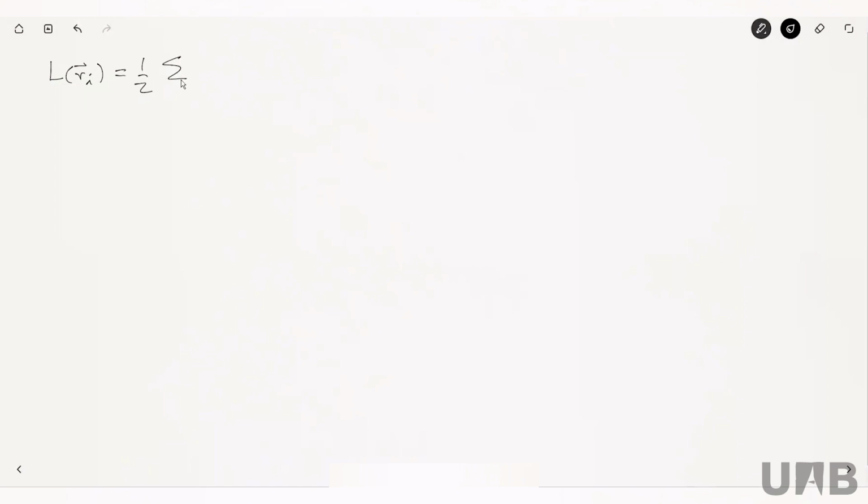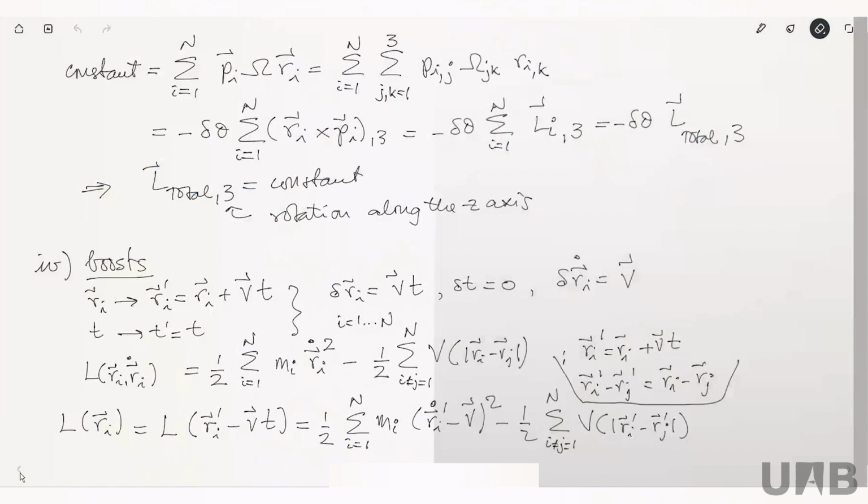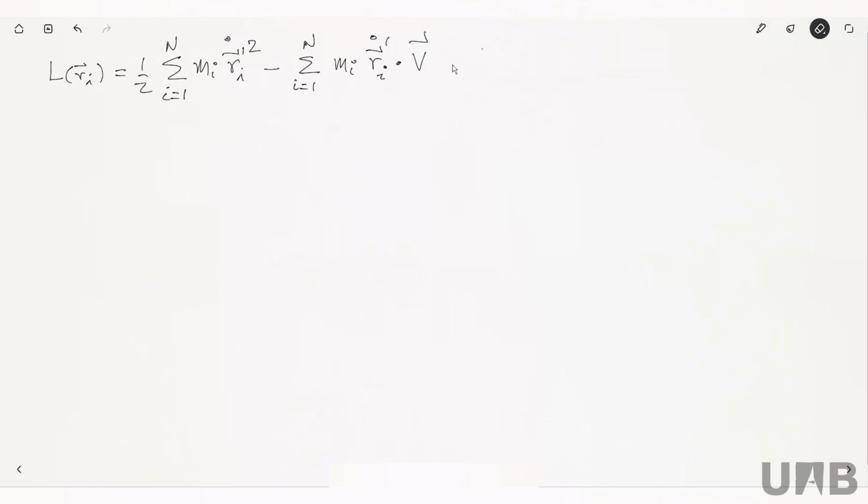It's going to be 1/2 of the sum from i equals 1 up to N of m_i times r_i prime dot squared. That's the first term, but then there is minus the sum from i equals 1 up to capital N of m_i r_i prime dot times V, plus the potential, which I'm going to write down, minus 1/2 sum i different from j from 1 to N of V of r_i prime minus r_j prime, like this.